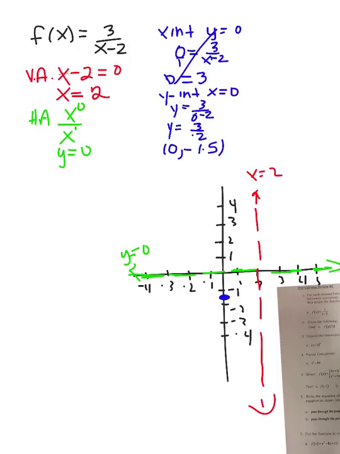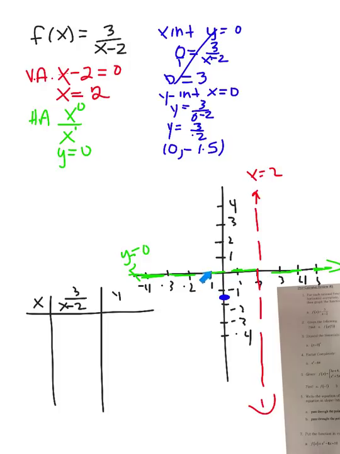So I'm going to make a little table of values. I have an x column, 3 over x minus 2 to evaluate, and y. Let's take points to the left of this asymptote. Let's do negative 3, negative 1, and 1.